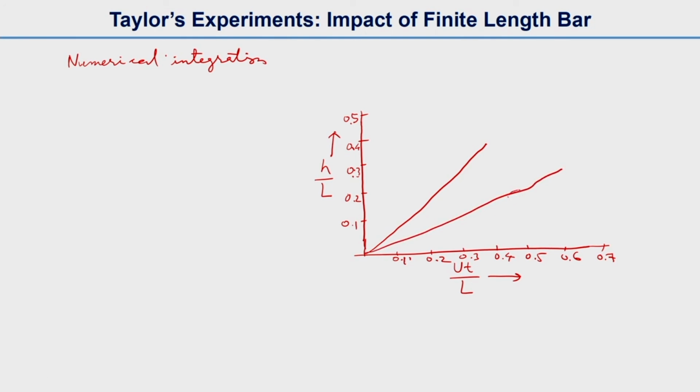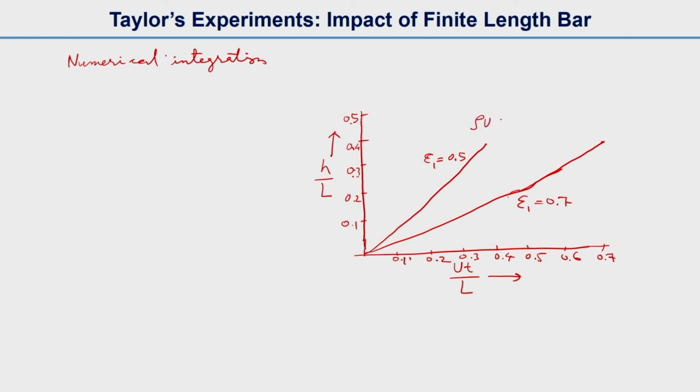It's kind of a straight line, close to a straight line. So this one is for epsilon 1 equal to 0.5, and this one is equal to epsilon 1 equal to 0.7.